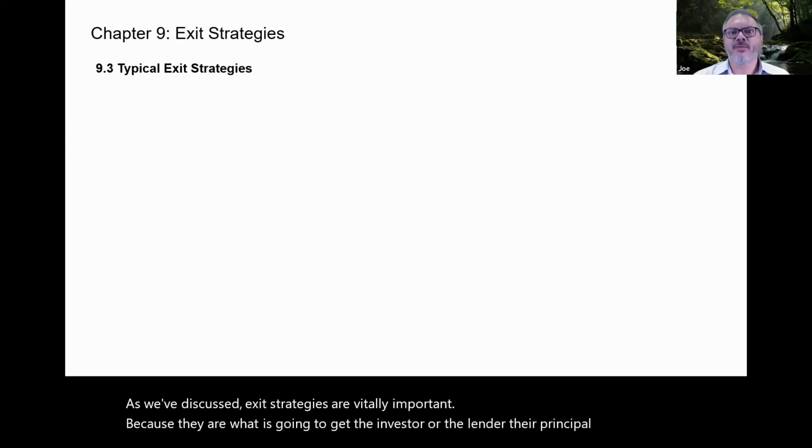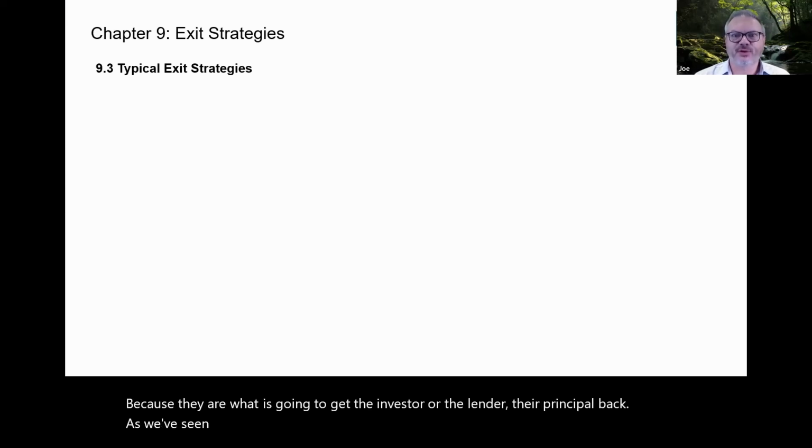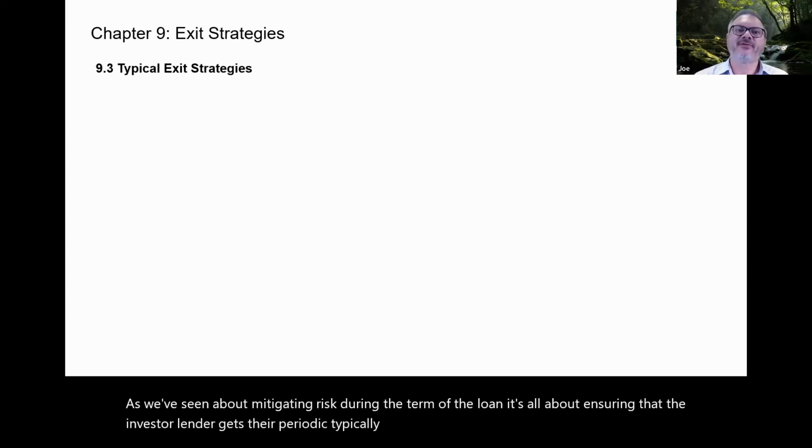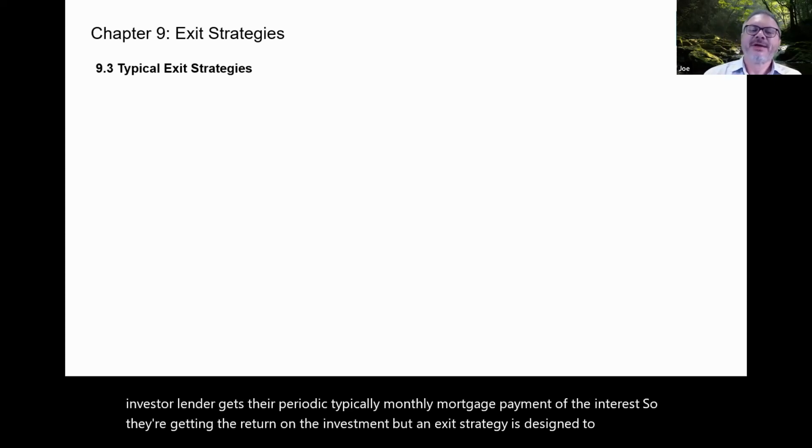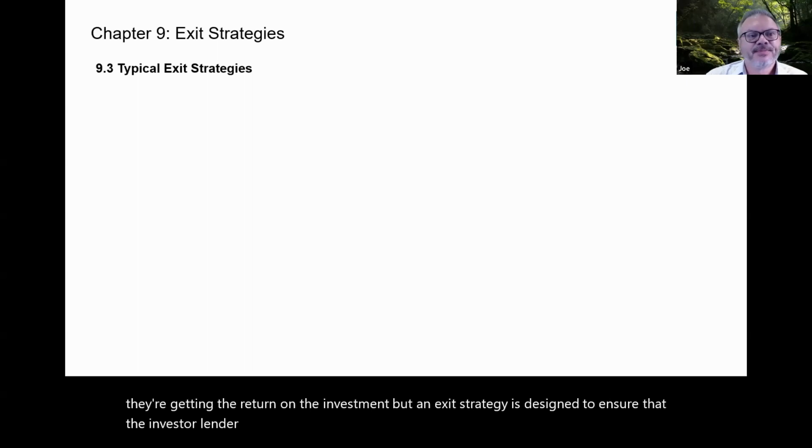As we've seen about mitigating risk during the term of the loan, it's all about ensuring that the investor lender gets their periodic, typically monthly, mortgage payment of the interest. So they're getting the return on the investment. But an exit strategy is designed to ensure that the investor lender gets their principal back.